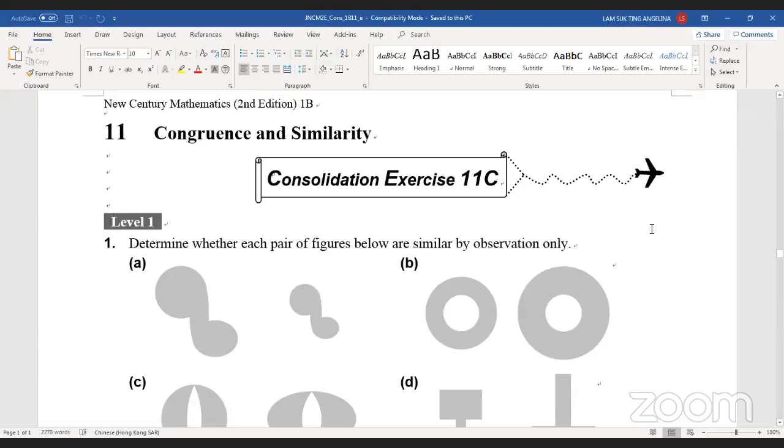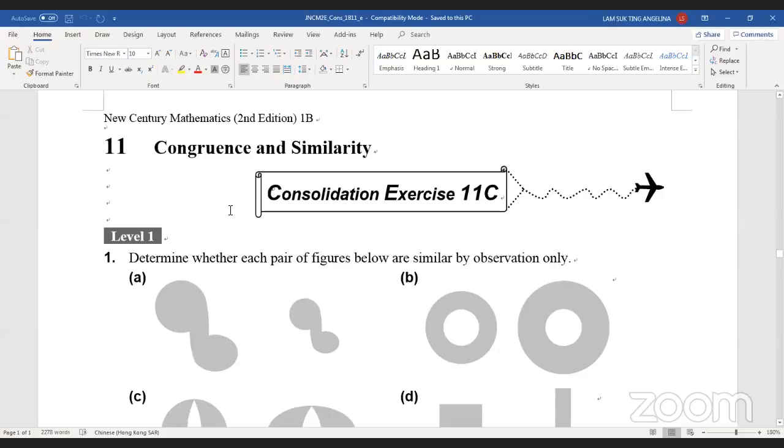Now, 11C, I'll do a few more questions in 11C so that we can move on to 11D. This one just means that you need to identify whether they are similar by observation only.